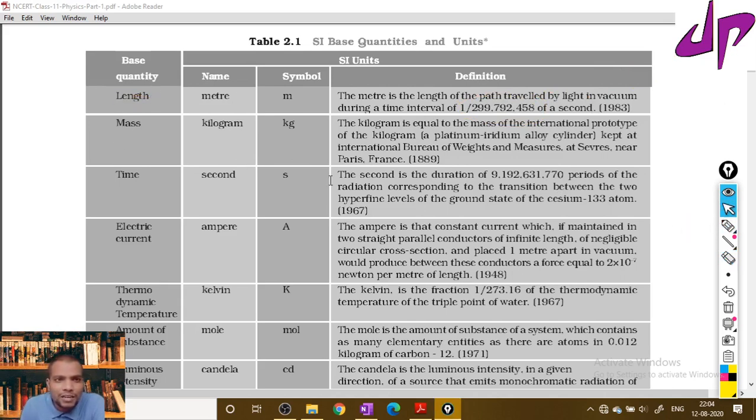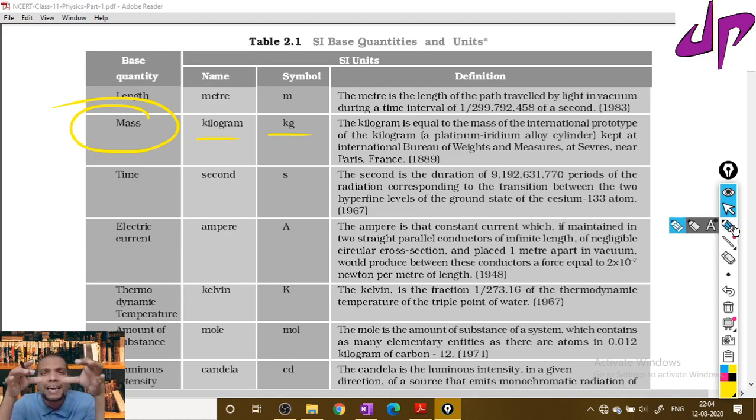Now let's see the second definition, mass. Mass units are the kilogram. Now we know that mass has a standard unit. Suppose we go to the market, they used to keep 1 kg of standard stone, equivalent to the quantity we are taking.